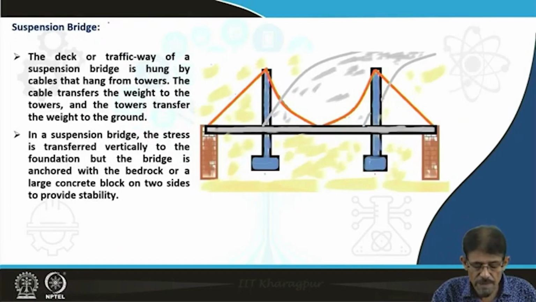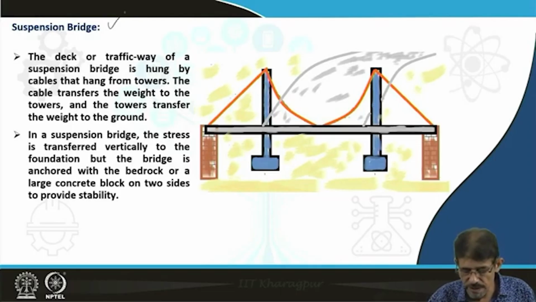Next type of bridge is the suspension bridge. As the name indicates, it is in suspension. The same principle applies here: the whole load is transferred. This deck is well connected with this type of wire. The deck or traffic way of a suspension bridge is hung by cables that hang from towers.